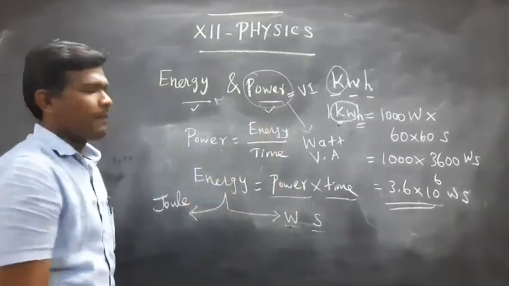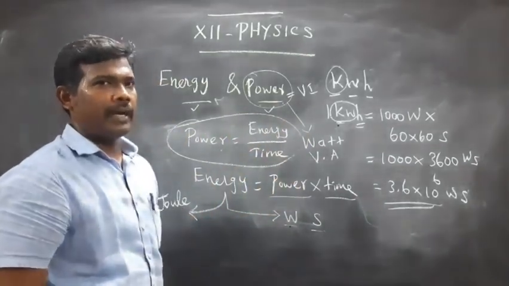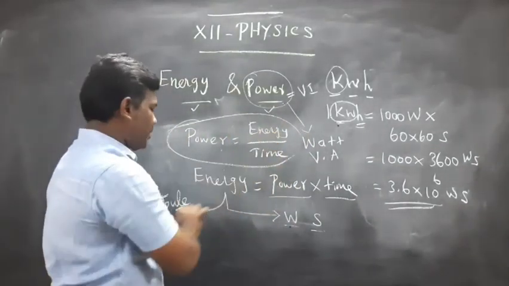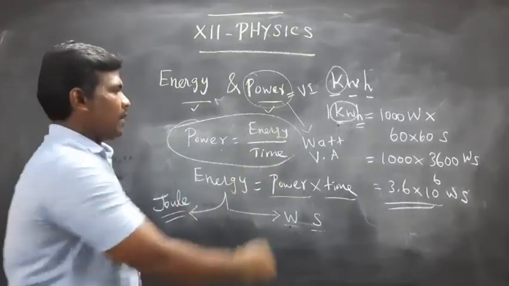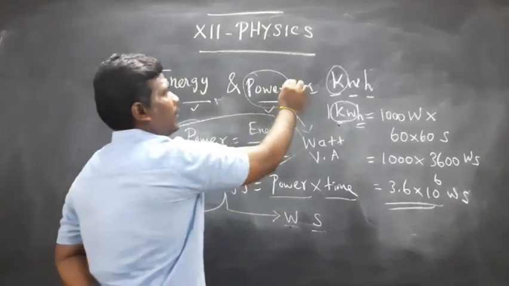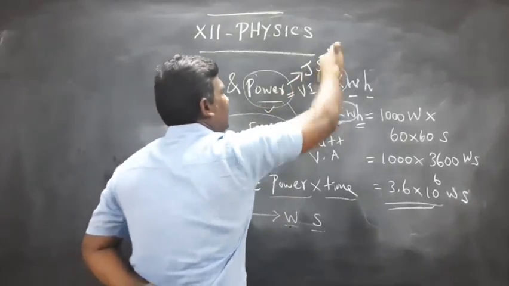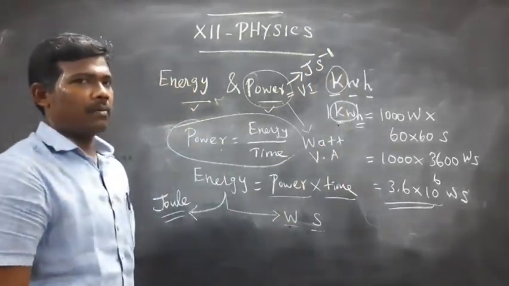Using the power formula P is equal to energy divided by time, for energy we have the unit joule, and for time we have the unit second. So we have one more unit for power. It's nothing but joule second power minus 1.